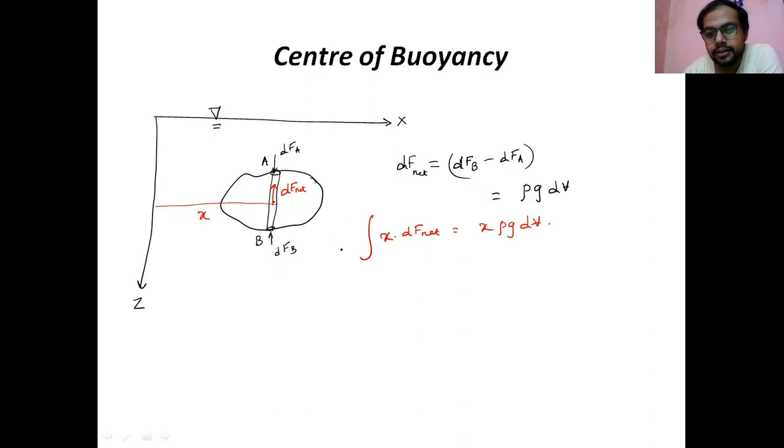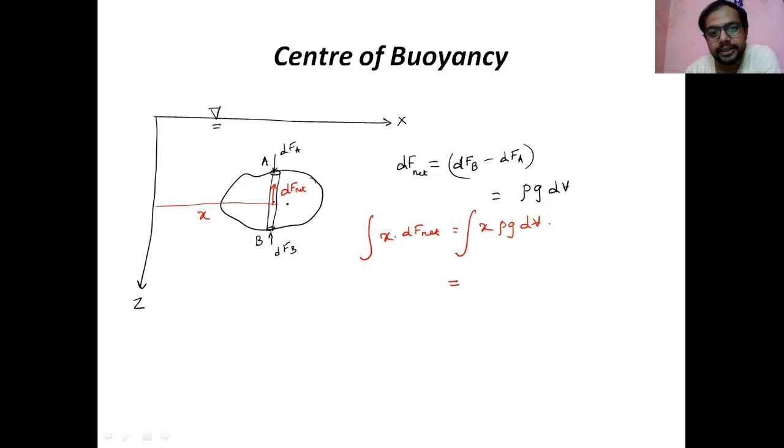If you integrate this, from Varignon's theorem, if you remember, the moment due to the resultant force about the same axis. So where is the resultant force acting?